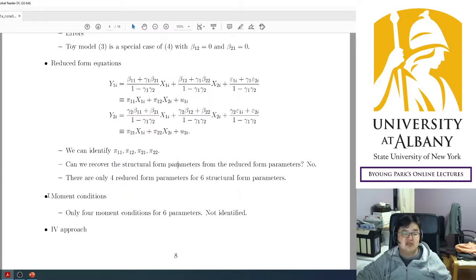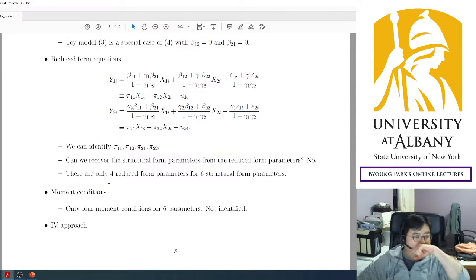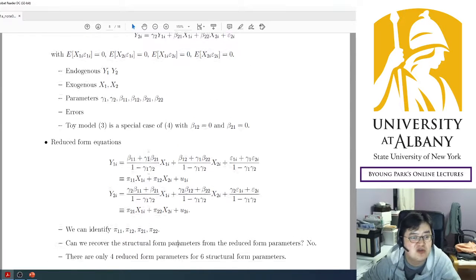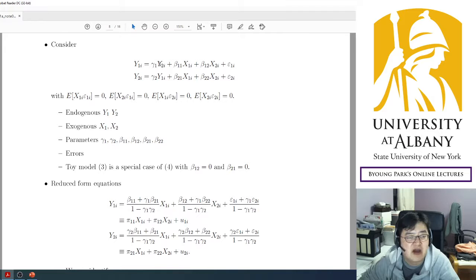And the moment condition approach is the same. You have four moment conditions for six parameters, so they are not identified. That's it. And with the IV approach, even if you would like to find an IV for y2, there is no excluded variable x1.